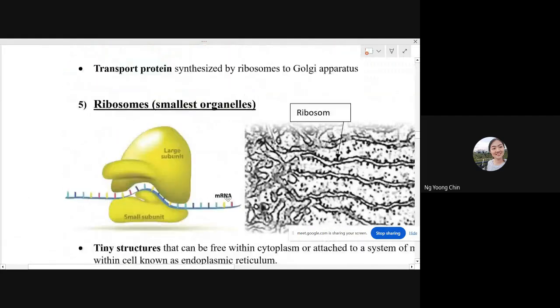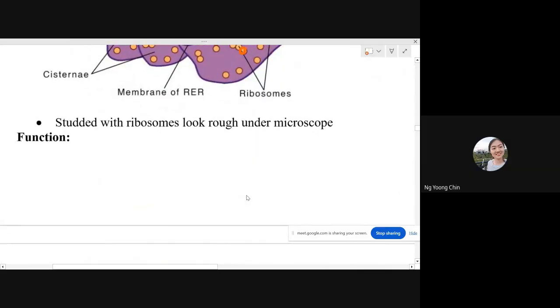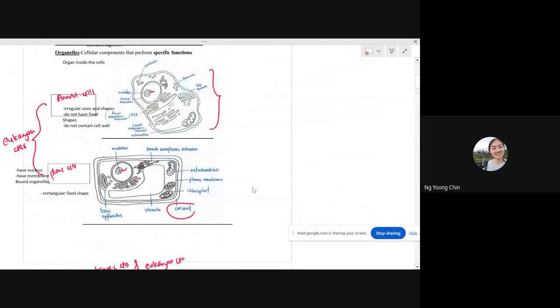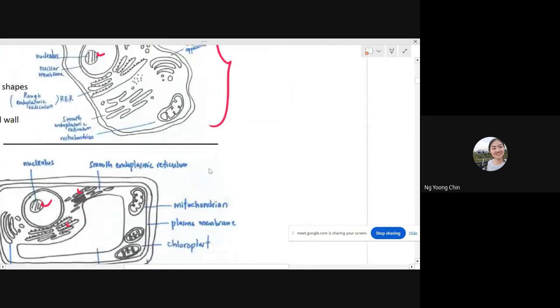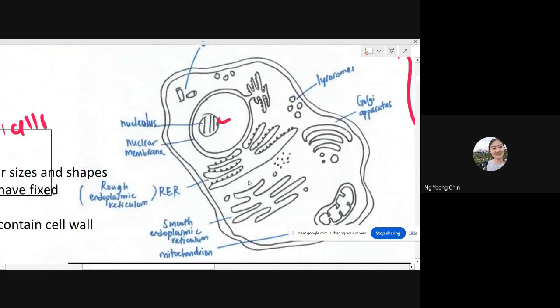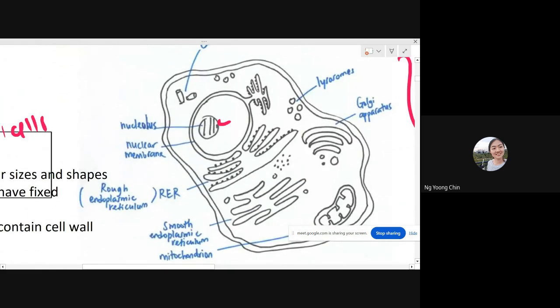An example of smooth ER is like this. Maybe you can see the first picture. You see this picture, animal cell. This is the rough endoplasmic reticulum, and as you can see, it is continuous with the nuclear membrane.